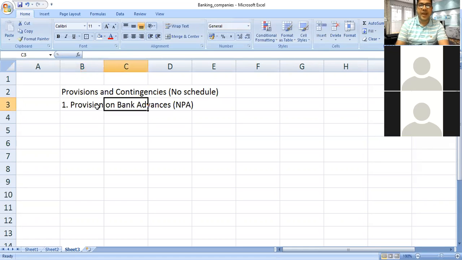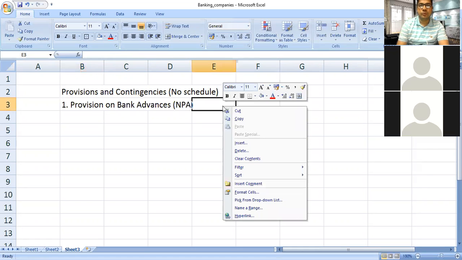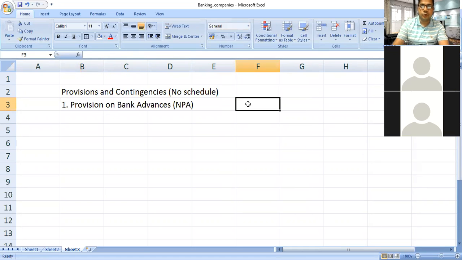Sometimes the bank provides loans to customers, and there is a particular provision for advances. It will be considered as a provision and contingency. A loan is basically considered a non-performing asset, and that we should keep there.